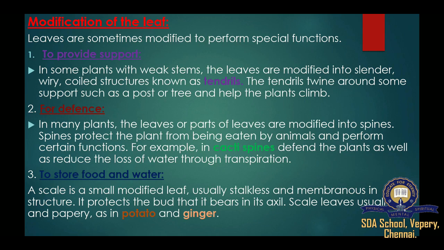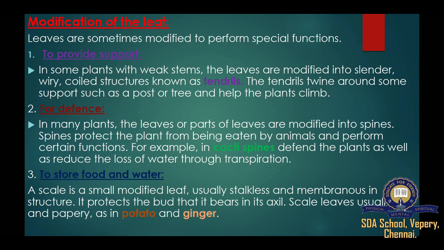Provide support. In some plants with a weak stem, the leaves are changed into slender, wiry, coiled structures known as tendrils. The tendrils twine around some support, such as a post or tree, and help the plant climb. The whole leaf or some part of it may be changed.